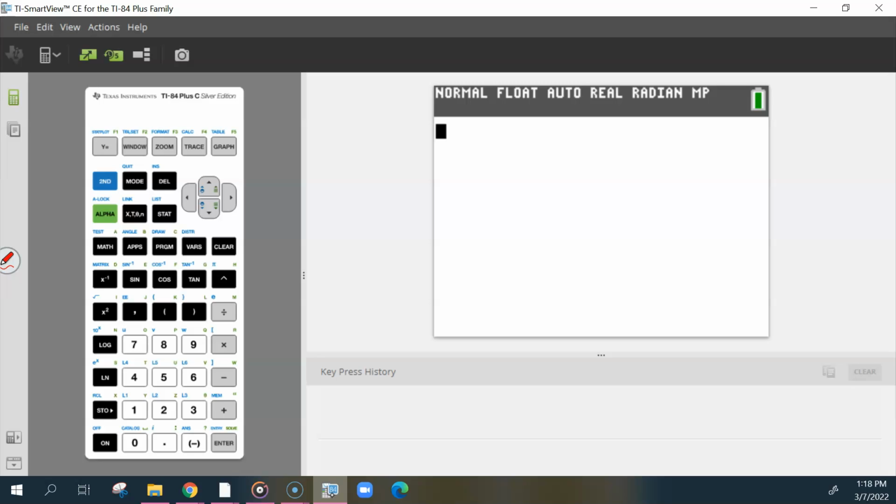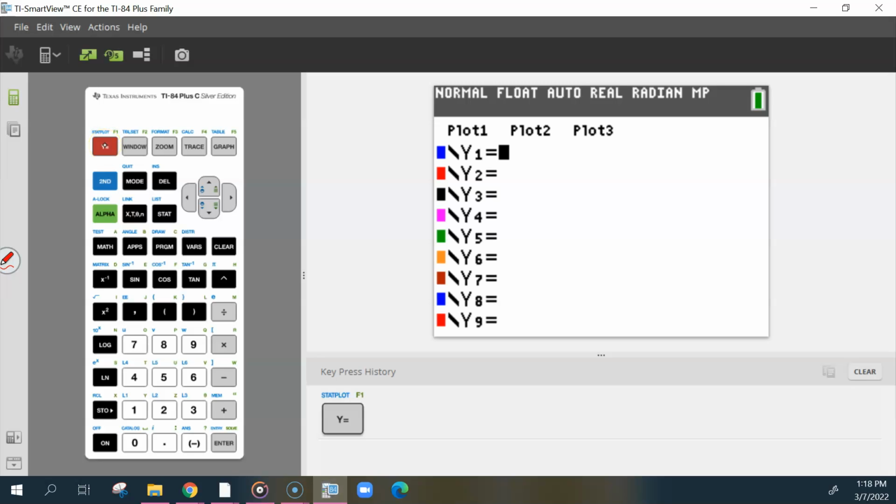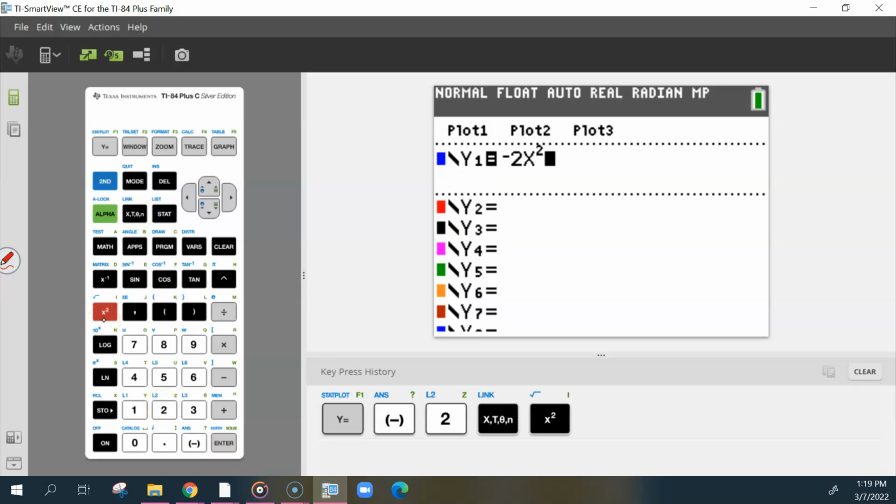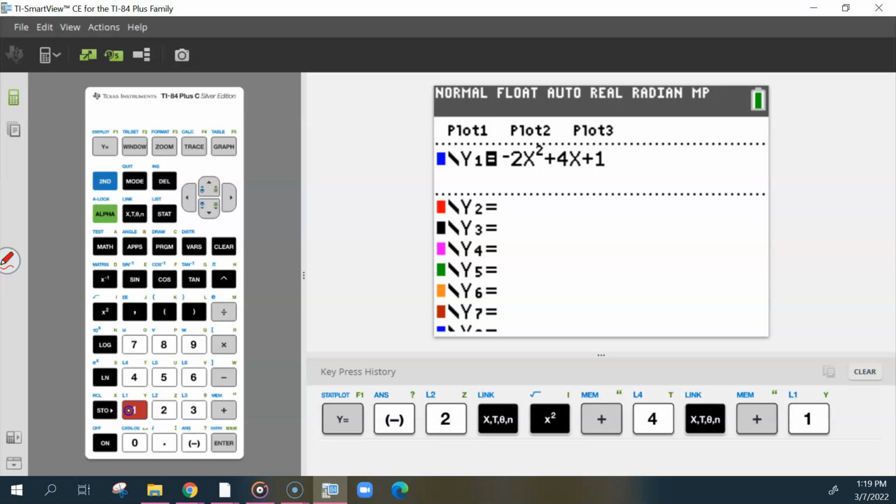So in your calculator, you're going to go into y equals, and you're going to put in that equation, negative 2x squared plus 4x plus 1. So negative 2 times your variable squared plus 4 times your variable plus 1.